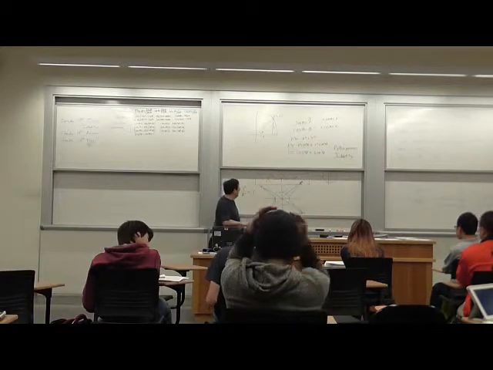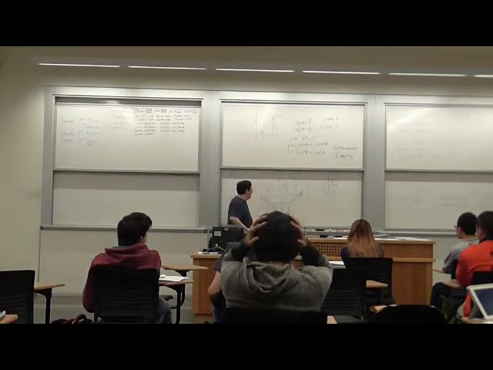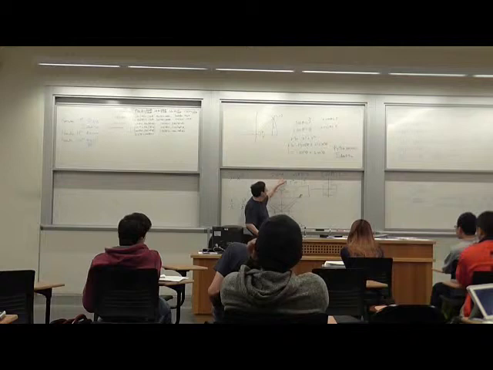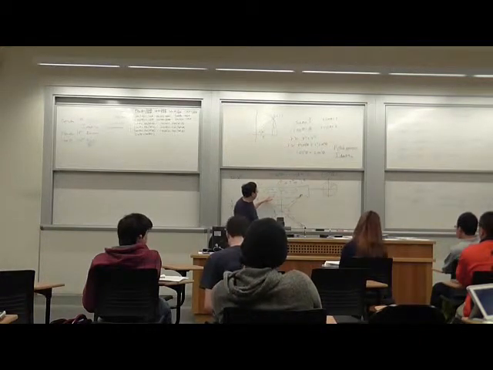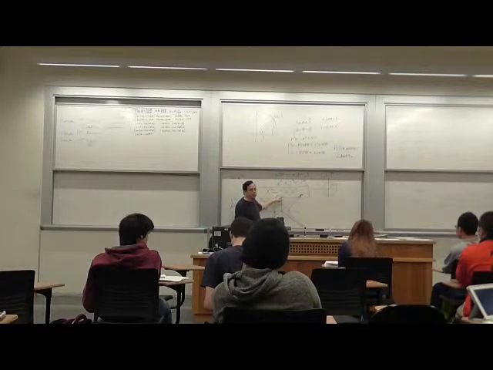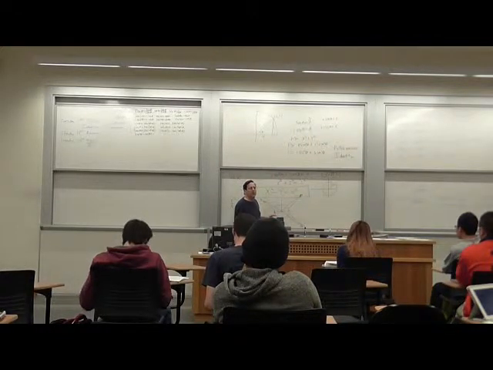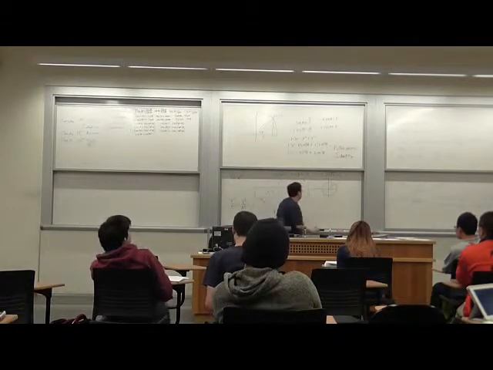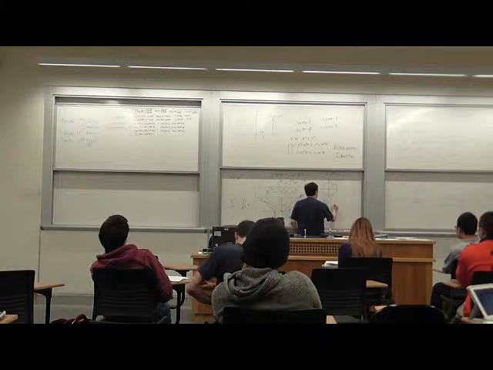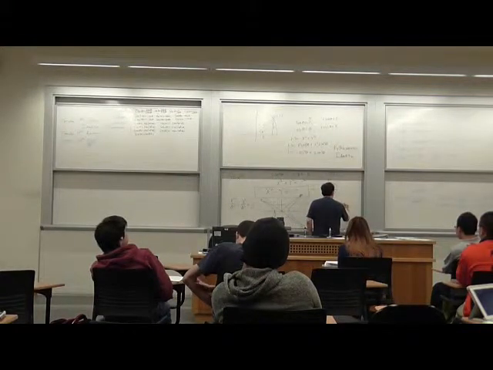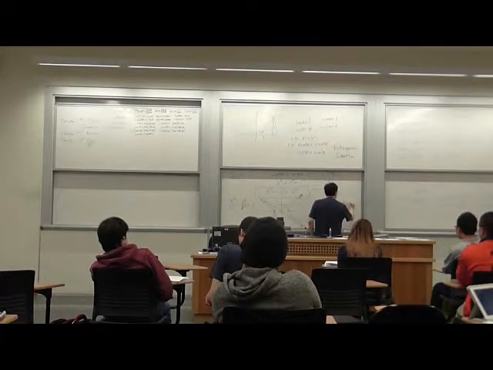But the reason I bring this up is if there are these functions, sine and cosine, that have something to do with this, you might wonder if there are functions that have to do with this. And in fact, there are. They're called the hyperbolic sine and the hyperbolic cosine.